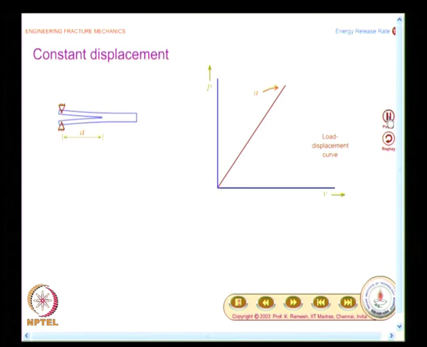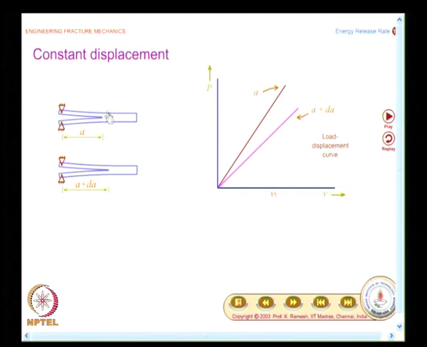Suppose the crack is longer than that, I would have a graph which is below this. This is the load displacement graph for A plus dA, and now what you observe is, the load is sufficient for the crack to grow from A to A plus dA.